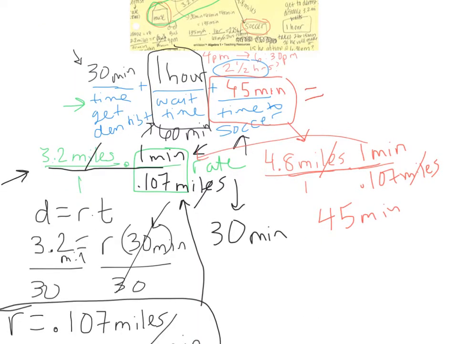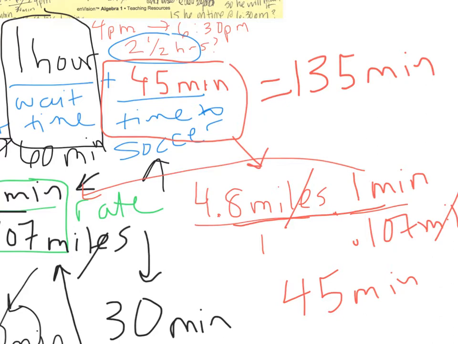So if we make sure we're working with the same unit and we add up all the minutes, time to get to the dentist 30 plus wait time of 60 plus 45, that gets us 135 minutes. And so when I look at that, 60 minutes is 1 hour, plus another 60 minutes is another hour, so that's 120, plus 15 more minutes gets us 135.